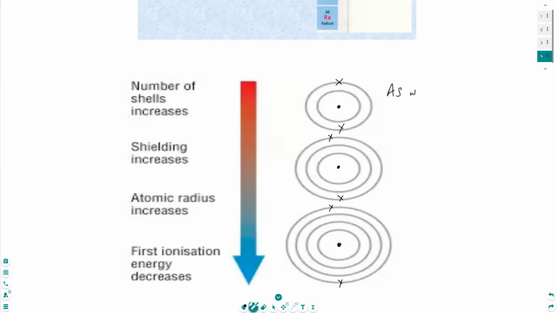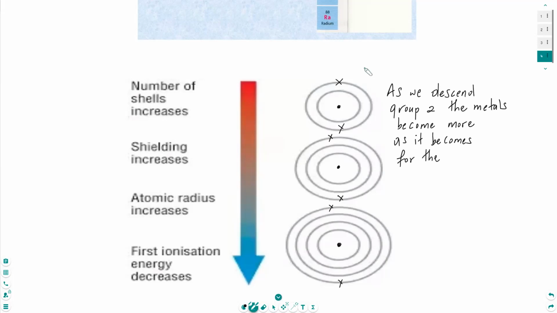So as we descend group 2, the metals become more reactive, as it becomes easier for the 2 electrons on the valence shell to be lost.